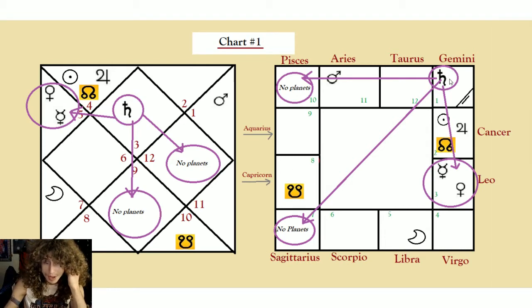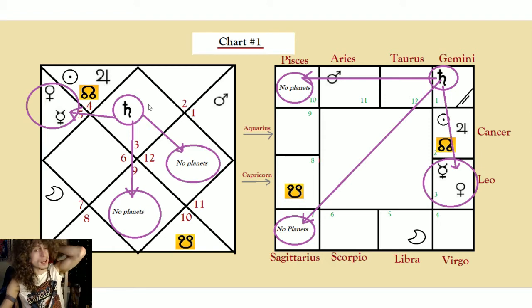Saturn is in Gemini in that first house, as we see here. It's aspecting the 3rd house from itself, where Venus and Mercury are. It's aspecting the 7th house from itself, the sign of Sagittarius. And it's aspecting the 10th house and sign, that being Pisces for a Gemini, right?